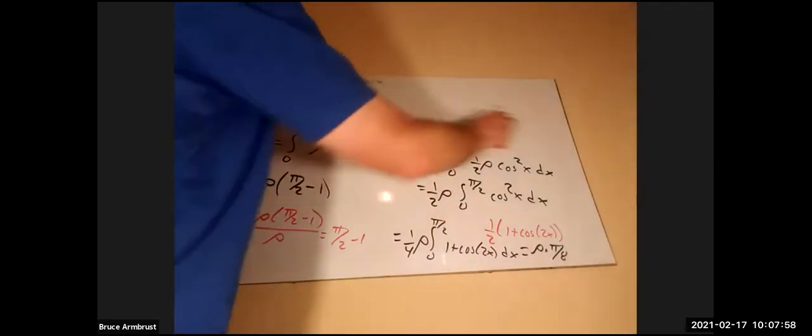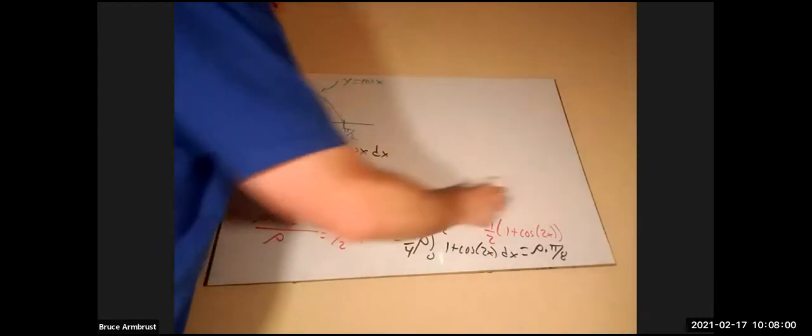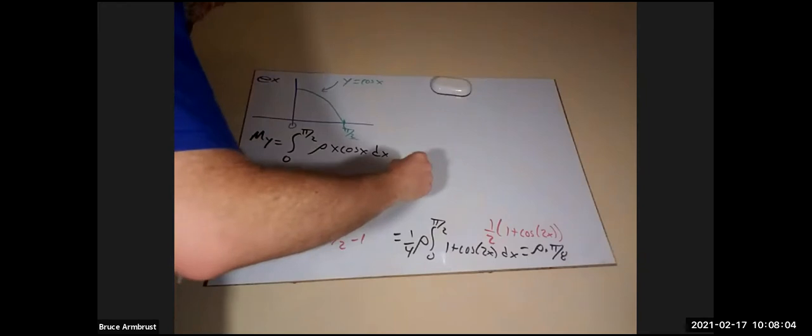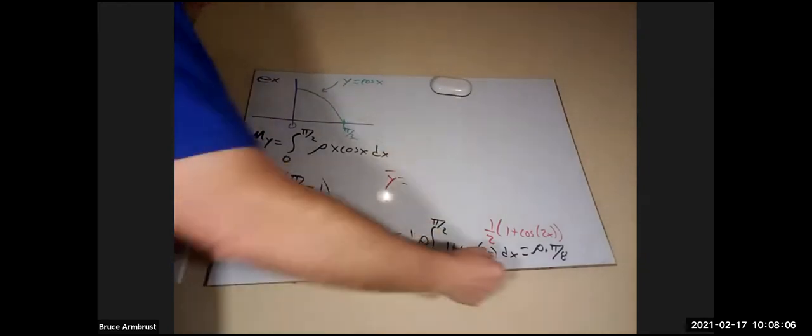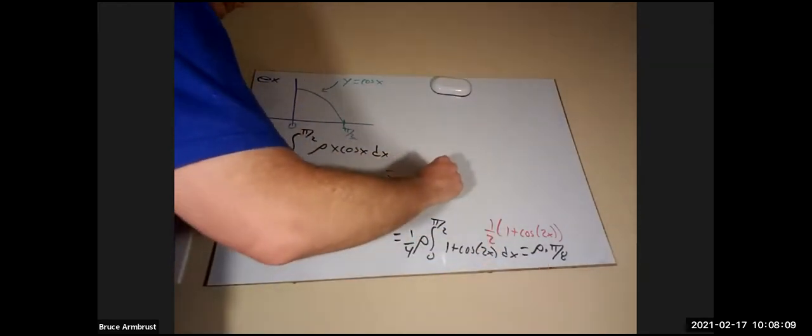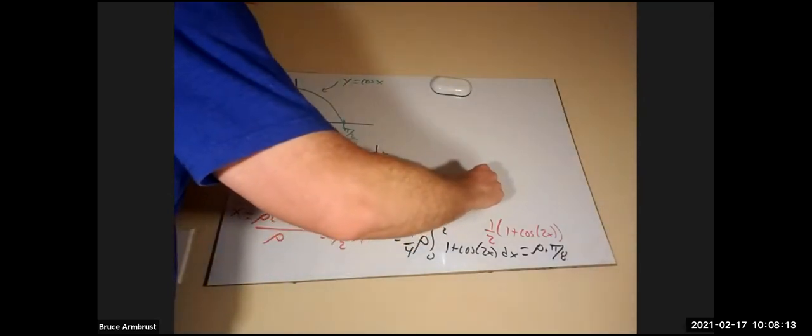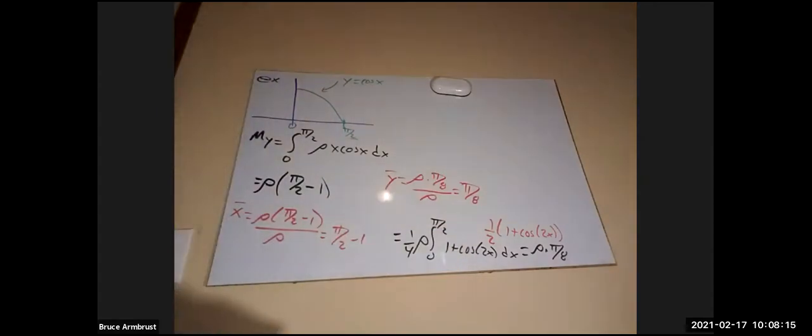And then the y coordinate is done similarly. So y bar, that's going to be this moment, rho times pi over 8, again divided by the mass, rho. So we get pi over 8.